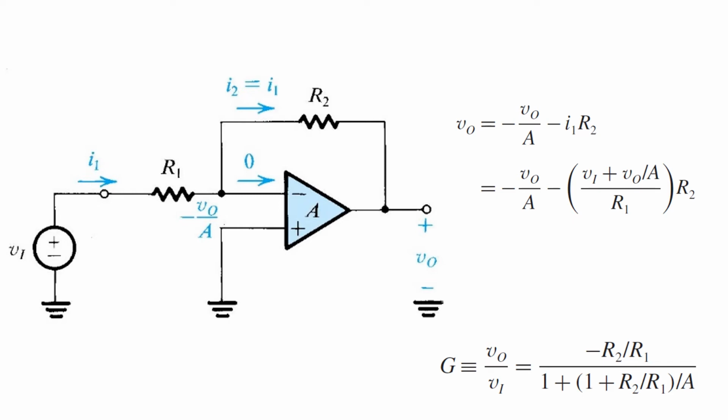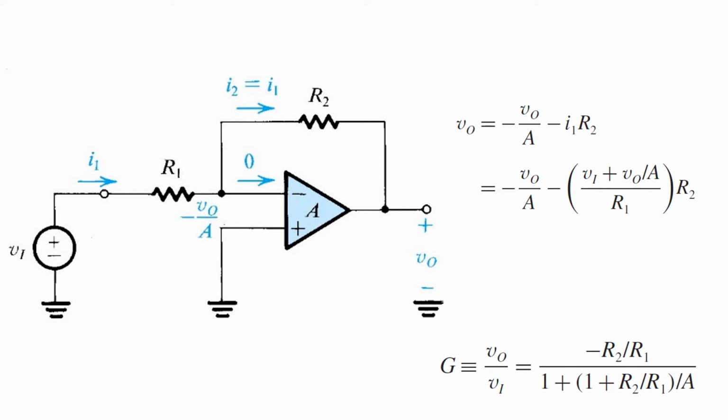It's worthwhile to repeat the analysis, assuming a finite gain in the op-amp A. That is, in this analysis, we'll assume that the op-amp has a gain of A, but is otherwise ideal. So it still has infinite input impedance, 0 output impedance, and so on. But since we've relaxed the infinite gain assumption, we can no longer make use of the virtual short circuit assumption.